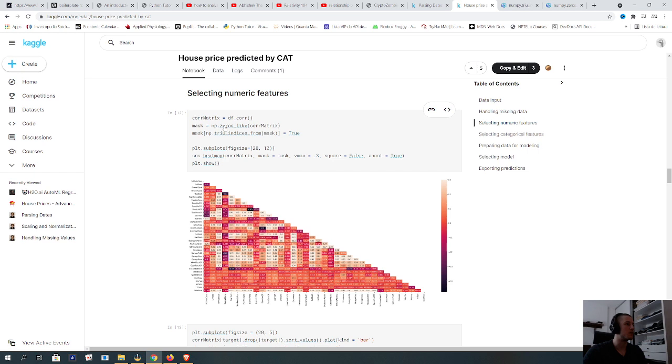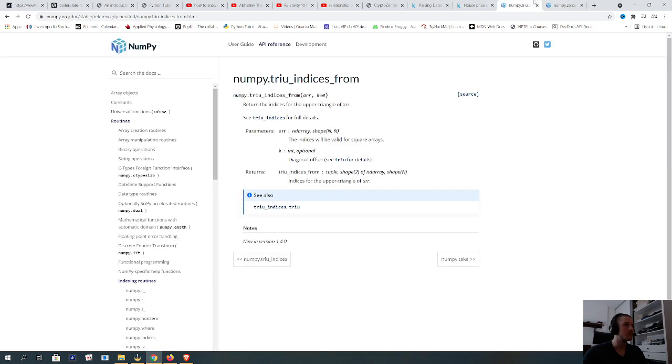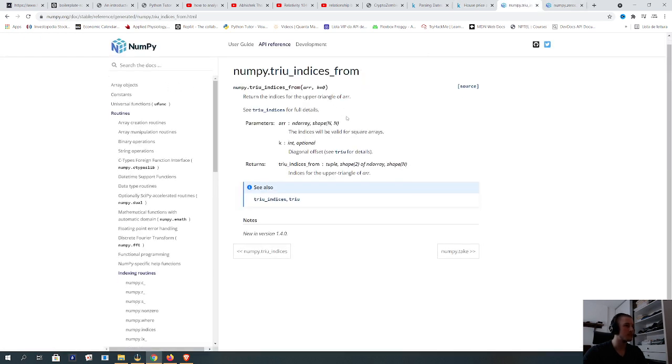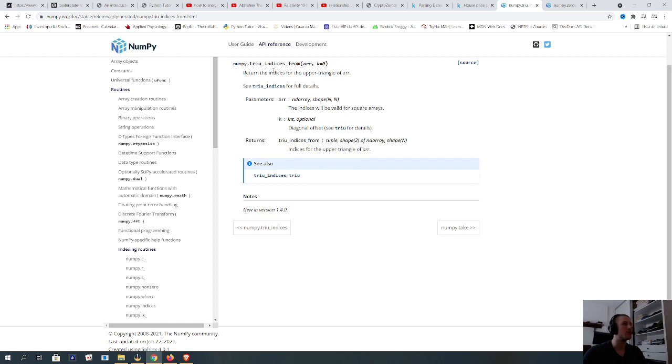So it's creating an array with the same shape of the correlations matrix, which is this here. Then he's taking half of the array, half of the frame. No, oh, I got it now.